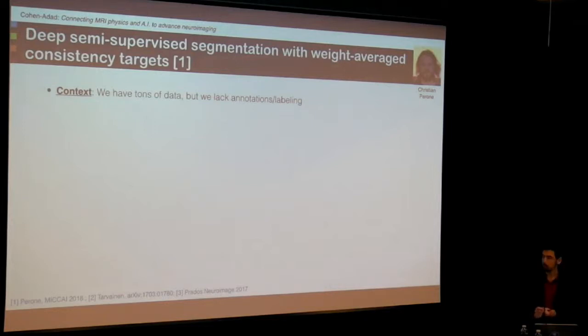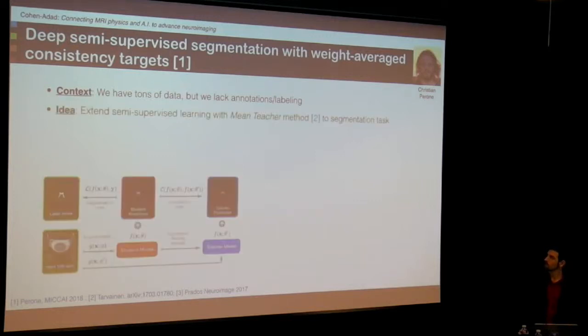Labels could take the form of pixels labeled as 1 or 0, depending on whether they are present in the structure that we want to segment. Labels are difficult to generate. It takes time and expertise. Usually we have to ask radiologists to do them, and they don't have time. So labels are a scarce resource in medical imaging.